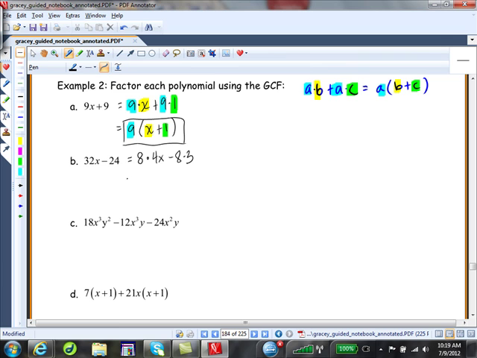So, again, do you see that here's your a, your greatest common factor, the b is here, and the c is here. So now we just use the distributive property backwards and write it as 8 times 4x minus 3.